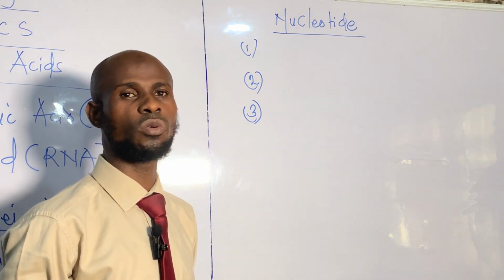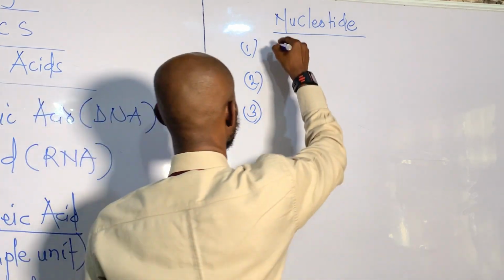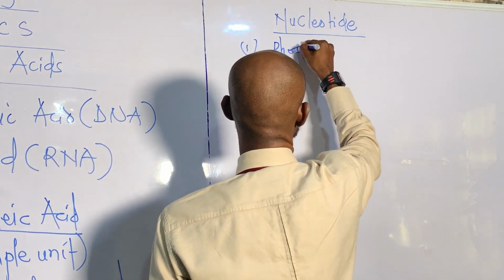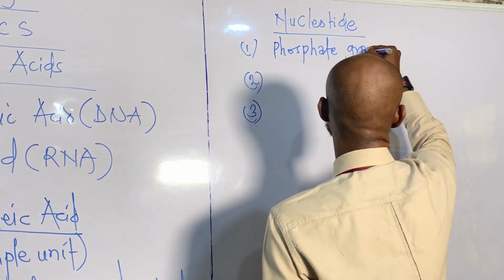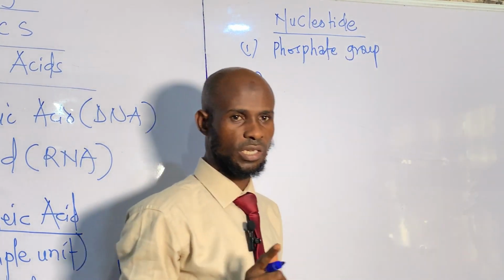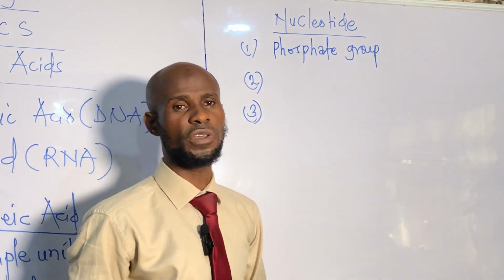The first part is called the phosphate group, and this phosphate is inorganic. That is why we say inorganic phosphate.